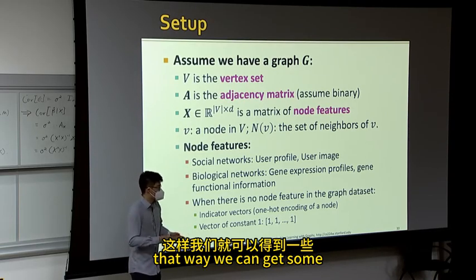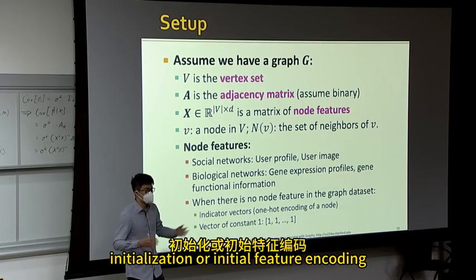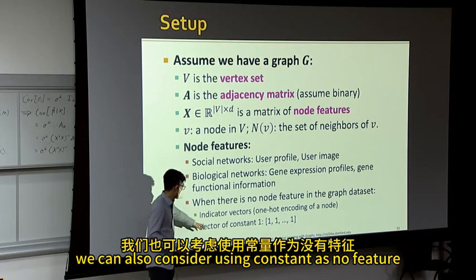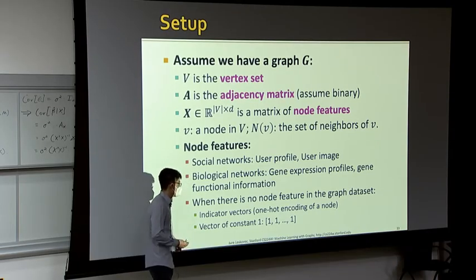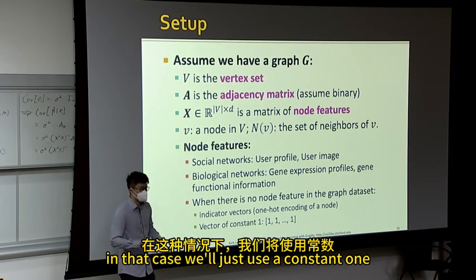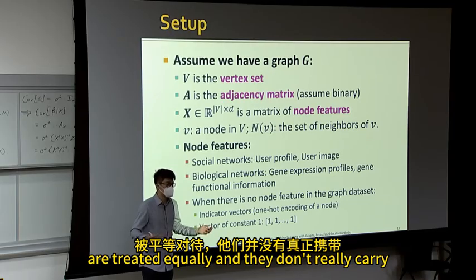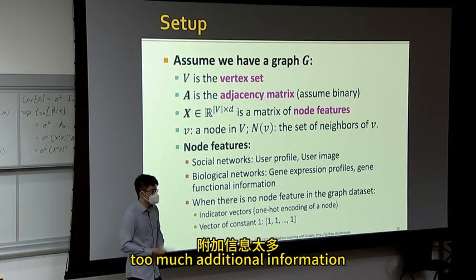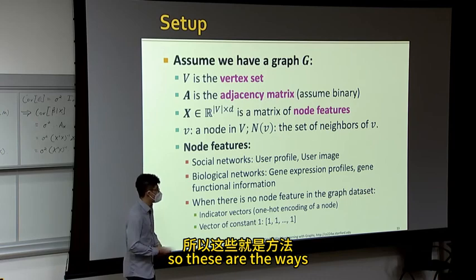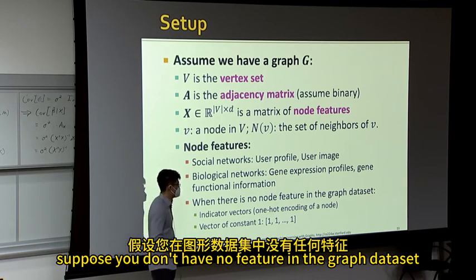That way we can get some initialization or initial feature encoding. We can also consider using a constant as node feature. In that case, we'll just use a constant 1 for all the nodes in the network, showing that all the nodes are treated equally and they don't really carry too much additional information. So these are the ways, suppose you don't have node features in the graph dataset.